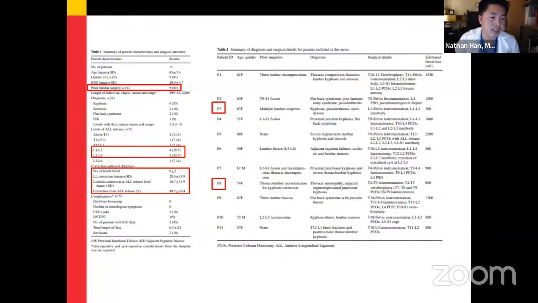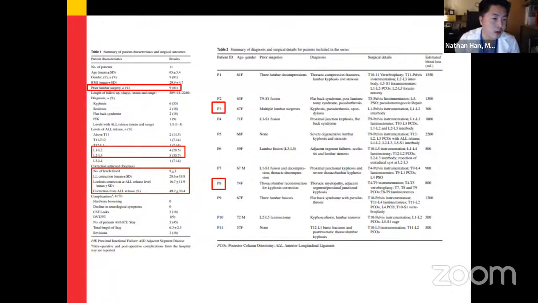On average, 9 levels of the patient's spine were fused, with the lumbar lordotic correction of 28.6 plus minus 20, and the segmental correction at the ALL release level of about 17 plus minus 12 degrees. And the percentage of correction from the ALL release level contribution was around 49% plus minus 30.